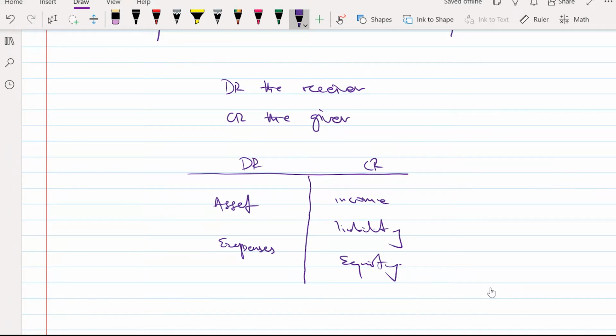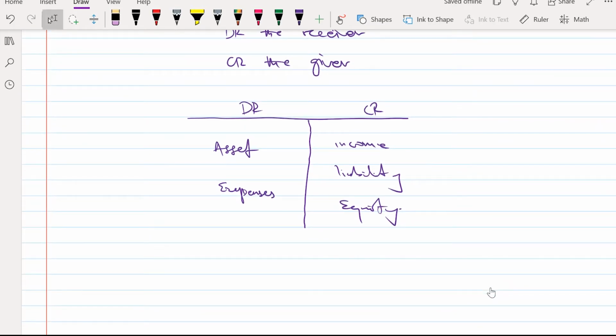If the transaction relates to an asset, then when you have debit and you are debiting, it means you are increasing the account. But when you have debit but you are crediting it, then it means you are reducing the account.